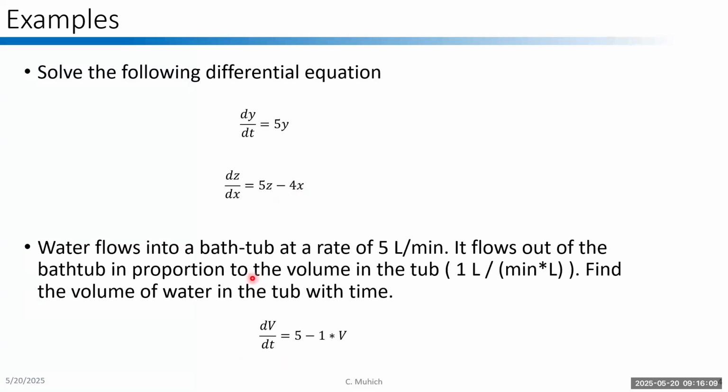Given this word problem, we know that the volume in the tub changes with time. We have 5 liters per minute coming in, and 1 liter per minute leaving. So I have a subtraction sign, and how much is leaving depends on the volume currently existing in the tub, V. My final equation that I would then need to solve is dV/dt equals 5 minus 1 times the volume.